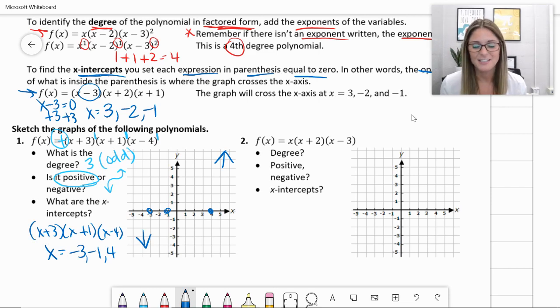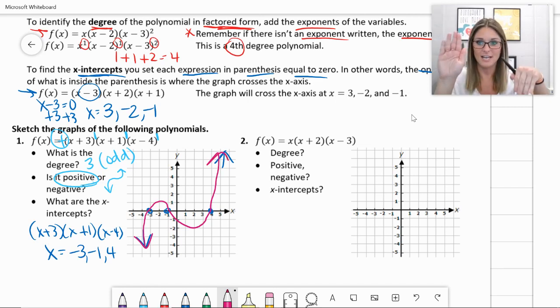And now you can sketch it. It's not going to be perfect, but it's going to be close enough for us to match on a test. So I have the arrow down on the left. It's going to cross the x-axis, go through the 4 as well, and head up to give me an odd, positive polynomial that has x-intercepts of negative 3, negative 1, and 4.